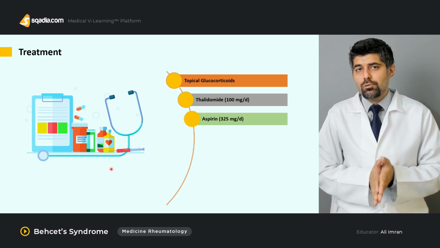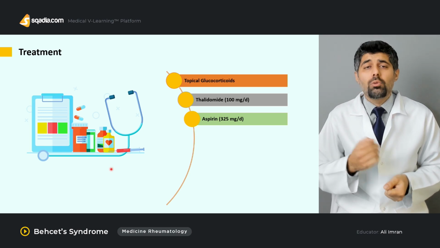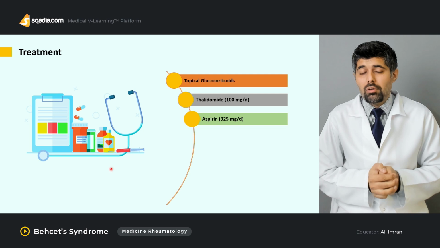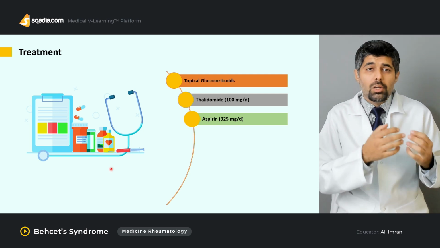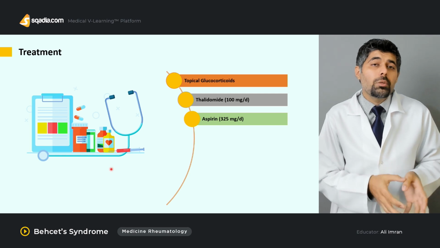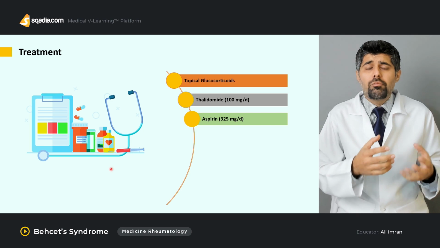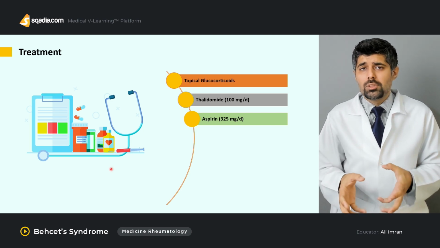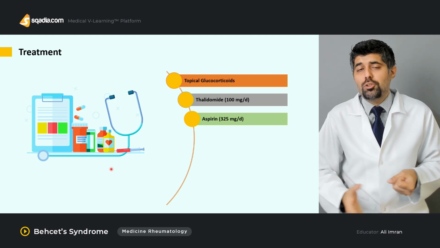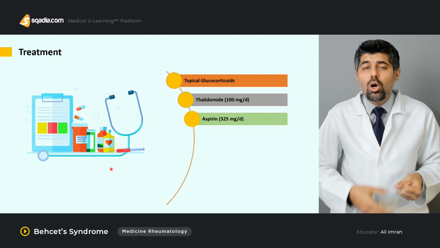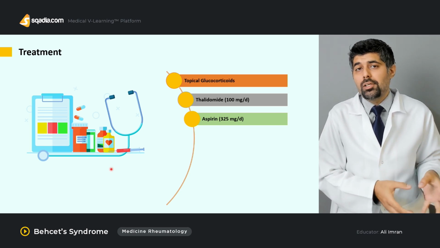The next drug of choice is aspirin, and aspirin is given at 325 milligrams per day in divided doses. Now, aspirin is given only to patients showing signs of thrombophlebitic symptoms, that is, the veins of the patient are showing signs of inflammation, or the patient is showing the signs of typical vasculitis.